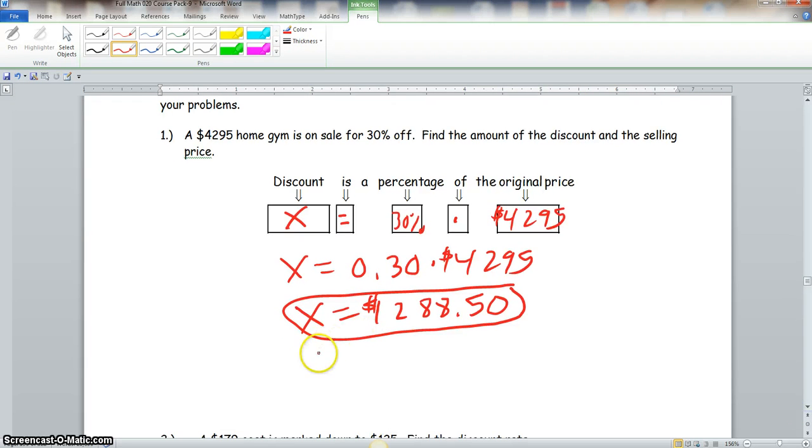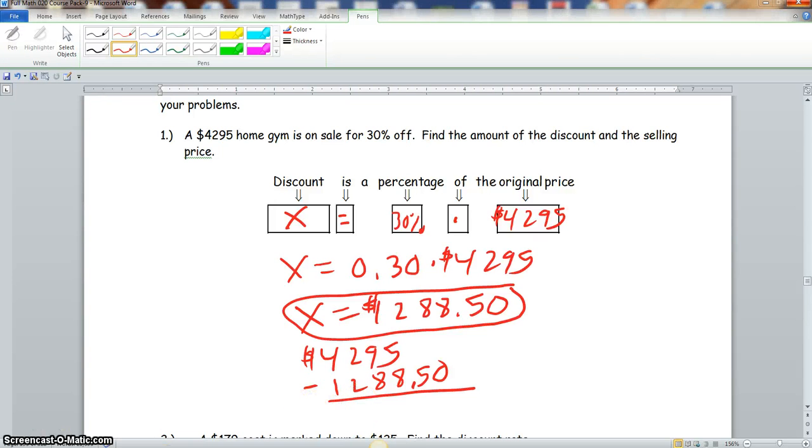is. So we'll take the original price, which is $4,295, and we will subtract the discount, which is $1,288.50. Now, when we subtract this, let's see, 4,295, this would give us a purchase price of $3,006.50.